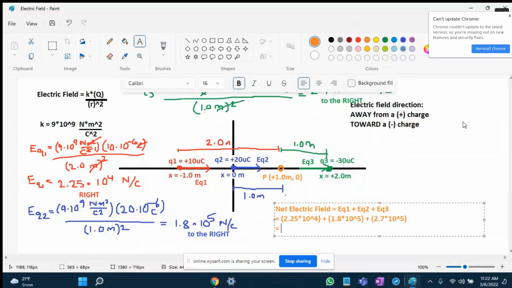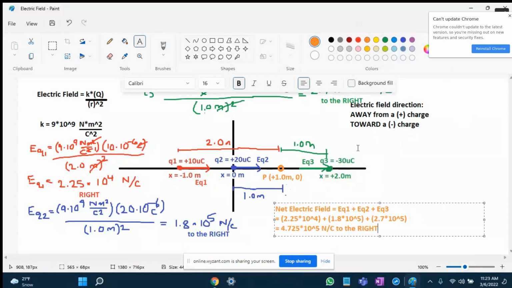I'm plugging it into my calculator. So the total will be 4.725 times 10 to the 5 newtons per coulomb to the right.